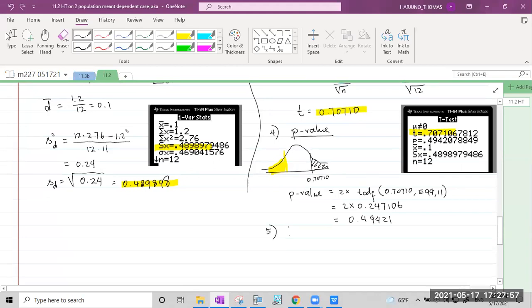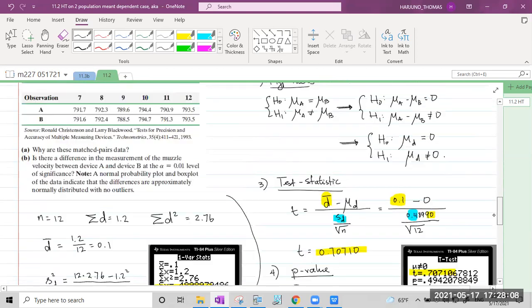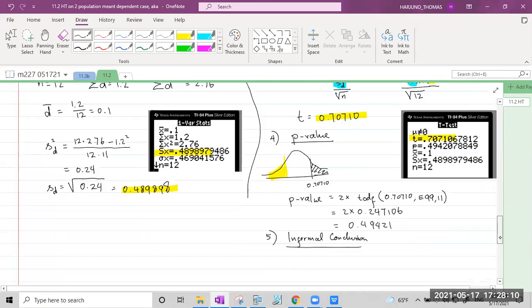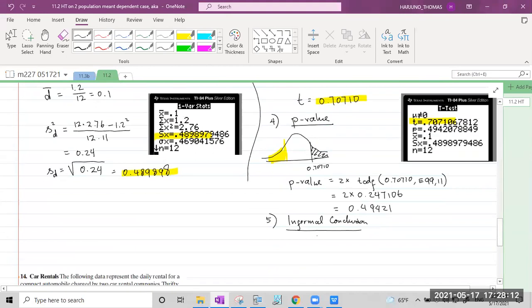So the informal conclusion: failed to reject the null hypothesis, especially because alpha is 1%, right?